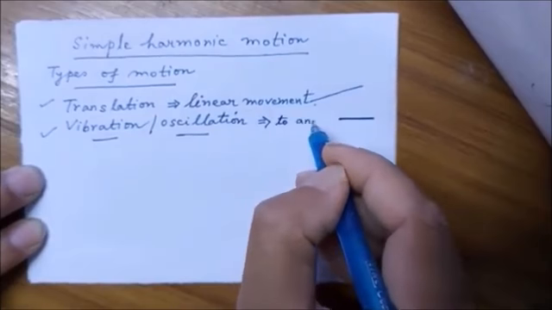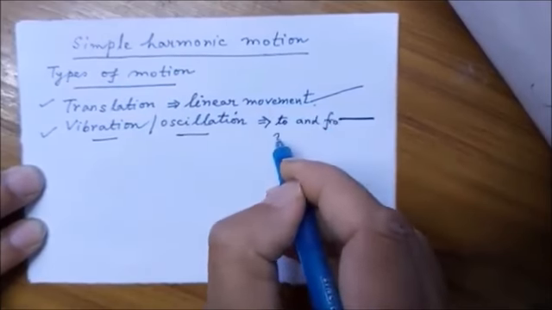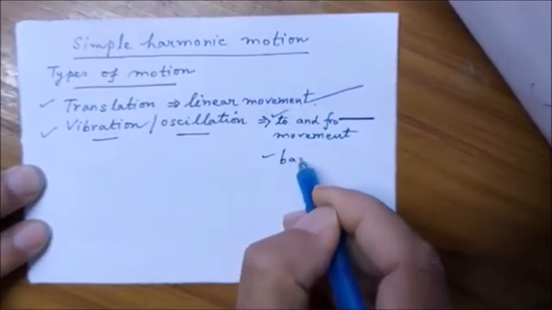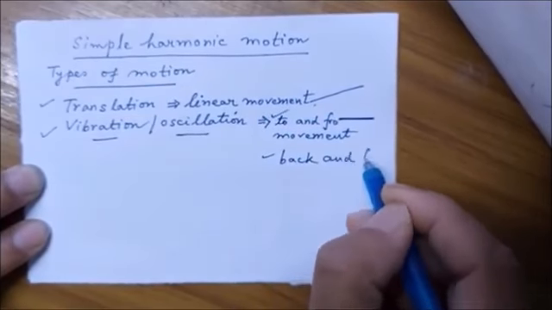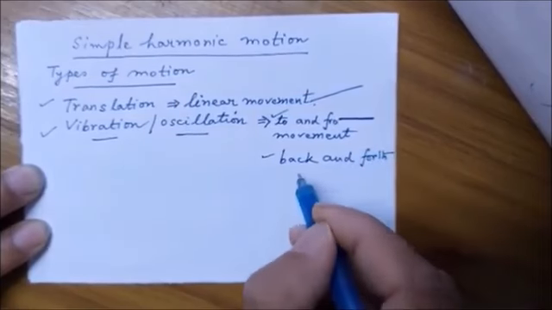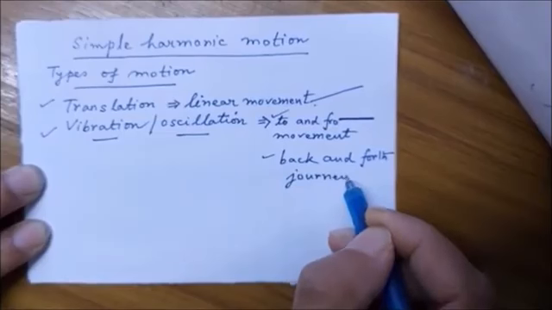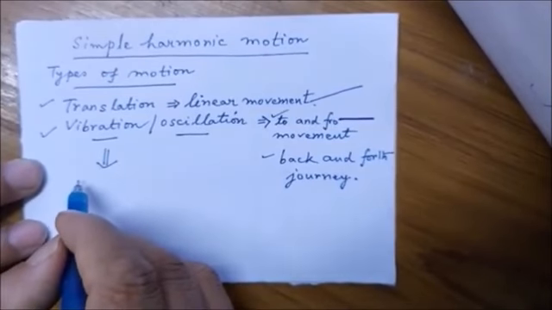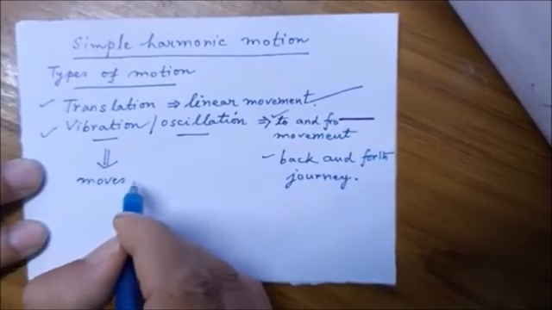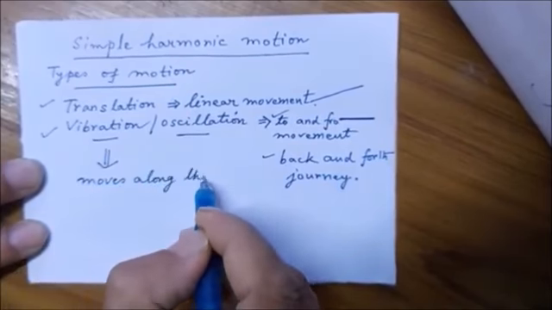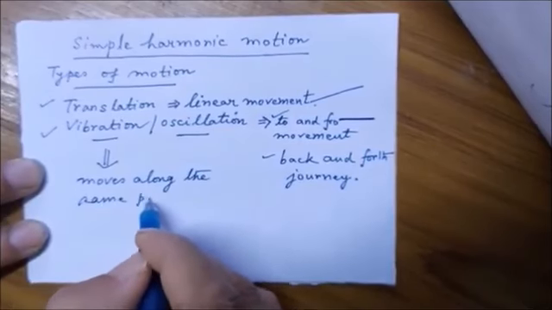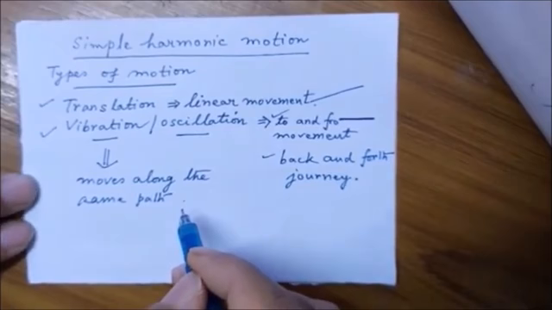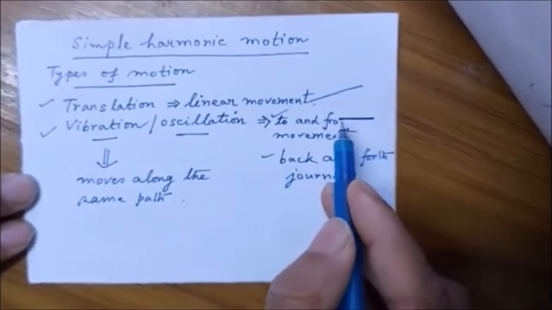So it is a to and fro movement, or we can say it is a back and forth movement. So, in vibration or oscillation, a particle moves along the same path over and over again, that is repeatedly. It repeats its journey from left to right and again from right to left.